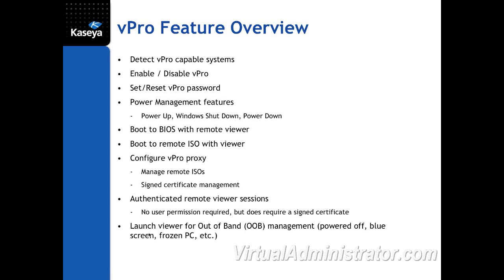The feature set that we're going to be delivering in this September-October release of KDPM allows us to detect vPro capable systems. You saw Chris's slide that talked about which systems could be supported and which could not. So we'll detect all the ones that are capable of being managed through this new capacity.